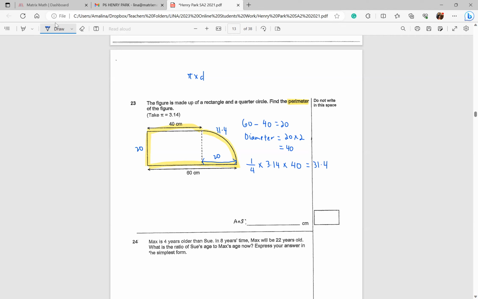Once I get the measurements, I will now add them together. So 60 plus 20 plus 40, and then finally plus 31.4. That will give us 151.4 cm.